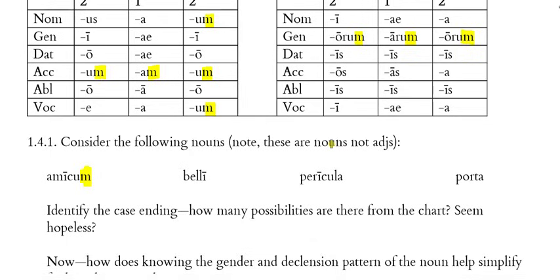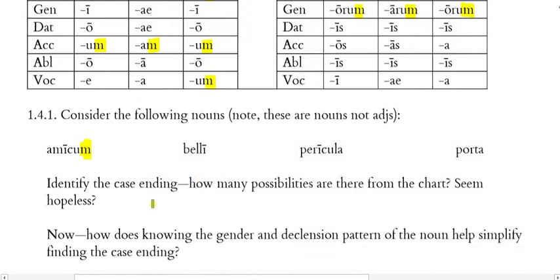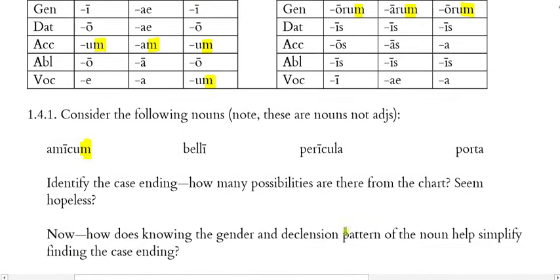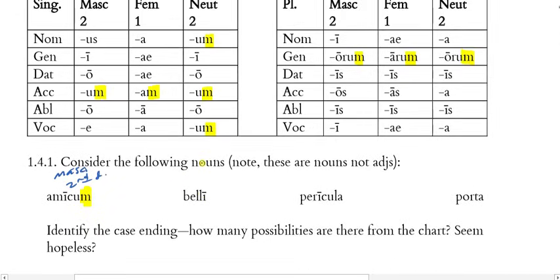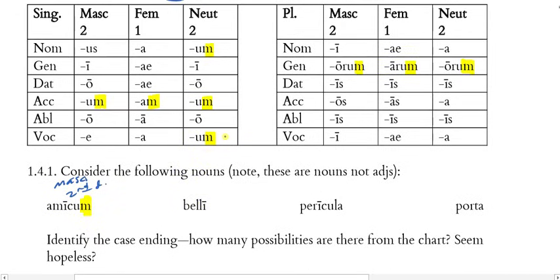Now that seems rather hopeless, doesn't it? Who wants to have to think through 8 possible forms? And so that brings me to the second question here. How does knowing the gender and declension pattern of the noun help simplify finding the case ending? If I told you that amicum is a masculine second declension noun, then what would I get to eliminate? I'd get to eliminate the feminine forms, right?